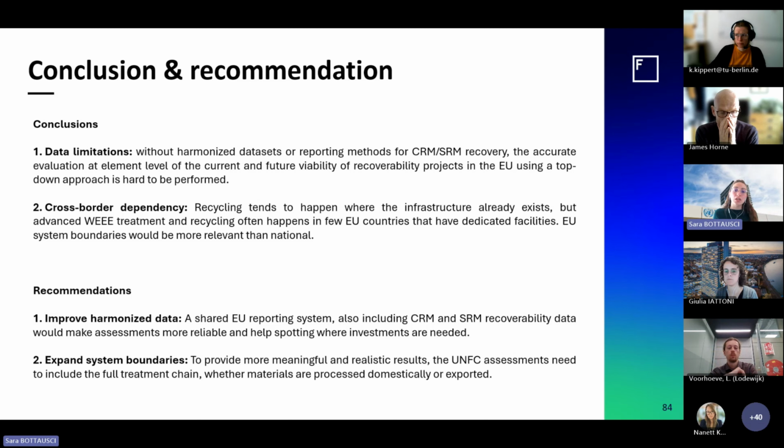So a recommendation in this case would be, if we want to apply a UNFC assessment at national level, maybe it would be better and more coherent to expand the geographical system boundaries to the European coverage, instead of only focusing on the national border, to allow a more realistic picture of the reality of the e-waste recycling sector.